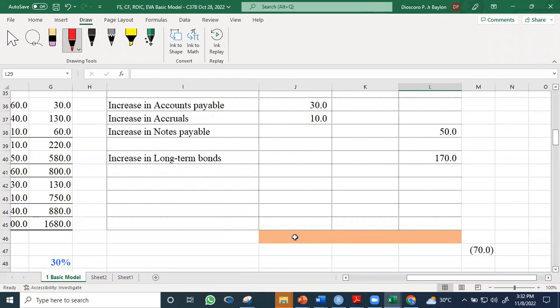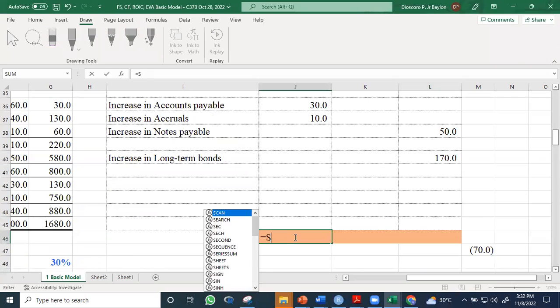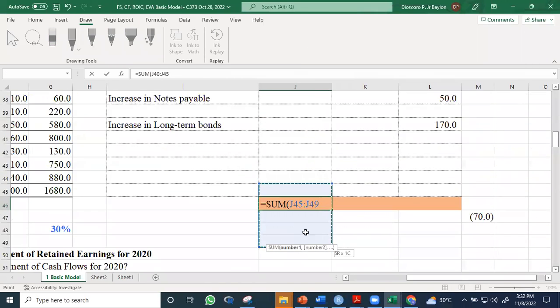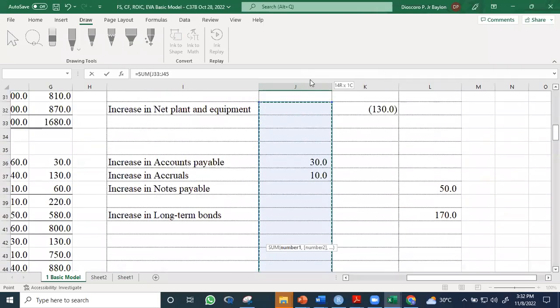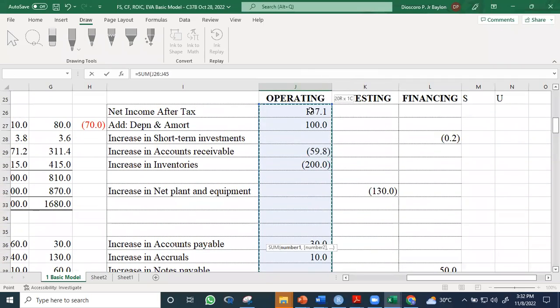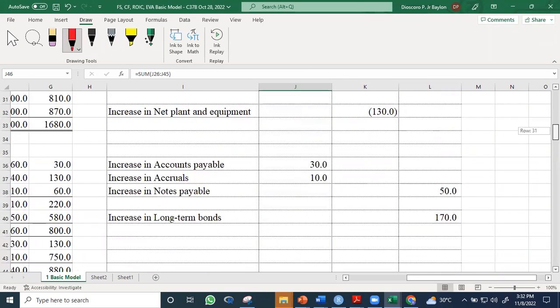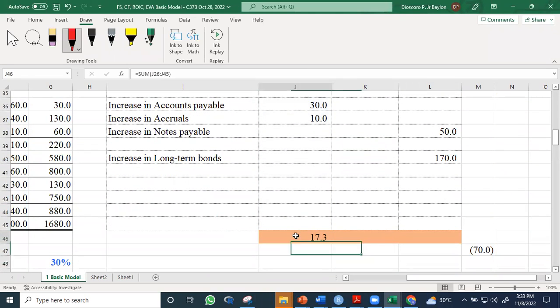So we can now add this is equal to sum ng mga changes in your cash through the changes in the accounts. All right. 17.3, and then I'll copy this to the right.